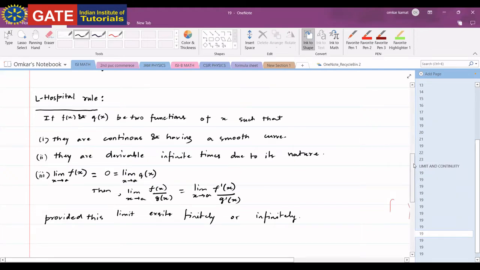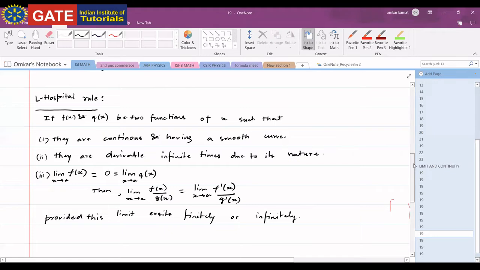Sir, I have a question. Yeah, tell me. Sir, yesterday you told that if limit exists, then LHL and RHL should be equal to a unique value. But if it's infinity, then how does the limit exist?